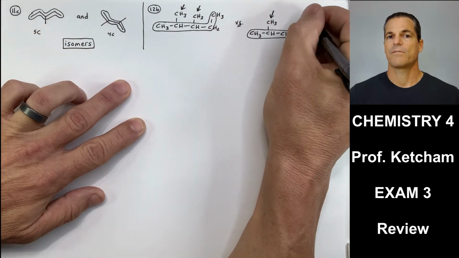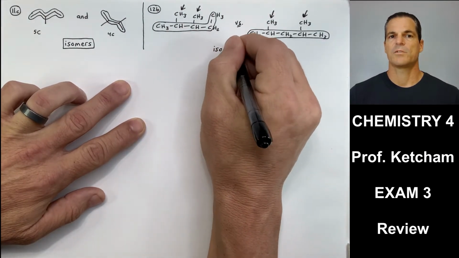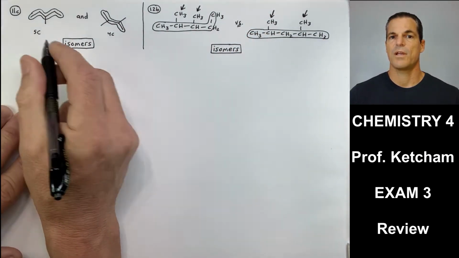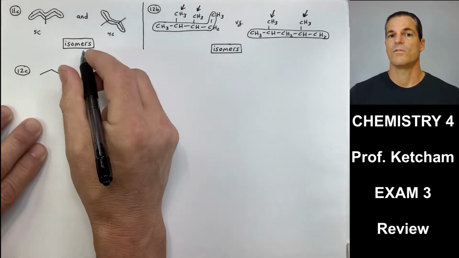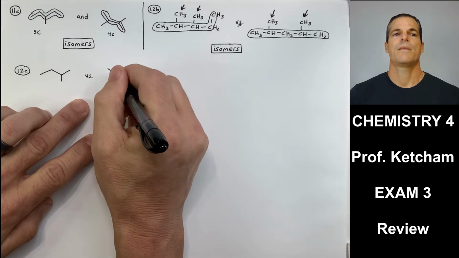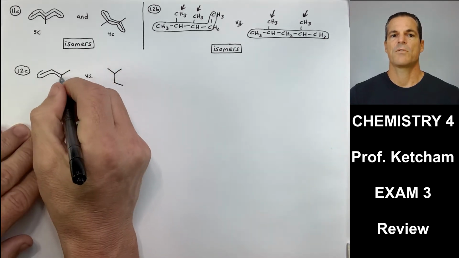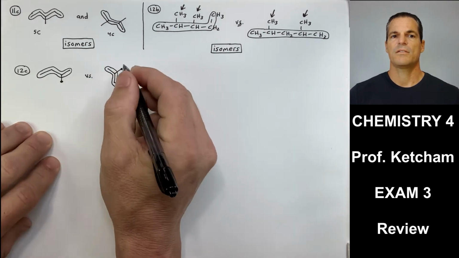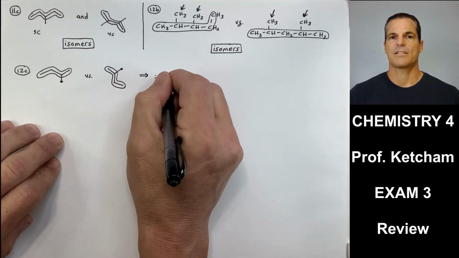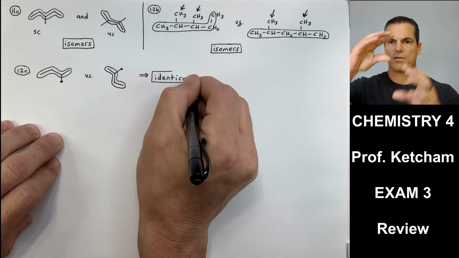So these are very close, but they are still isomers because the branching isn't 2 and 3 on the second one. The branches are 2 and 3 and 2 and 4. That's different. Now 12C, if I draw the connections here and I have a look, these are actually identical compounds. Identical compounds have just been moved on the page. They're the same.